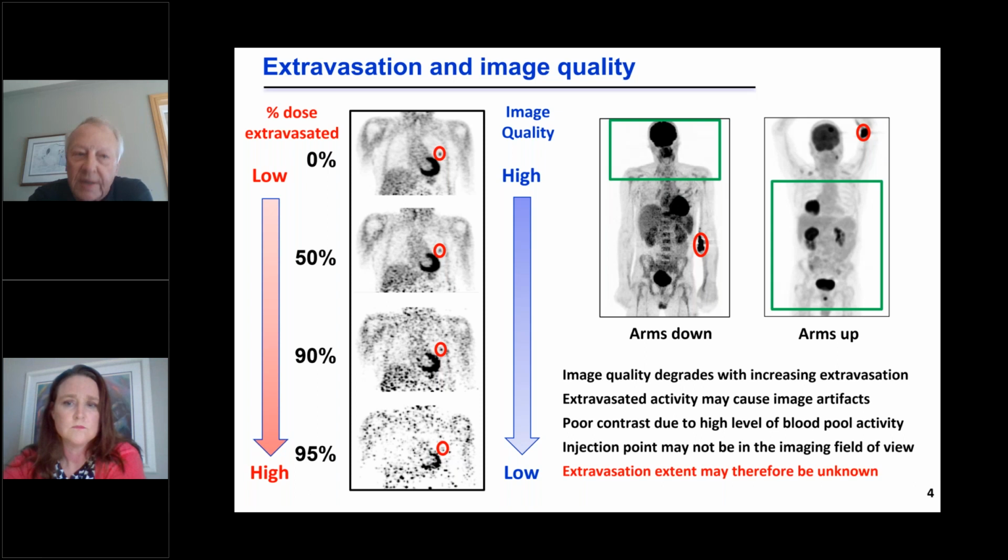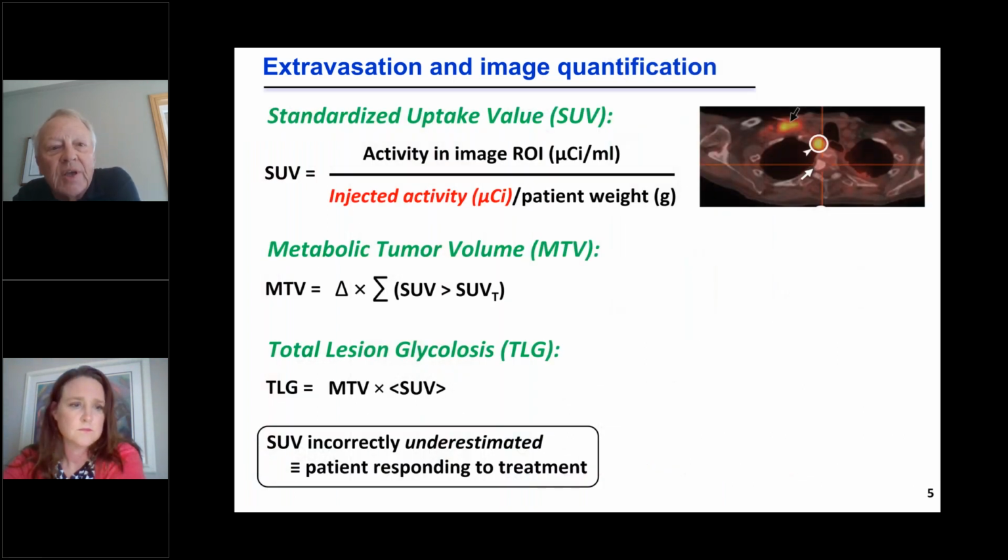And then the final point is what happens to the quantification. One of the quantification measures that we extract from the image is called the standard uptake value. And the formula is shown there. It's the activity in that little region of interest divided by the injected dose and the patient weight.